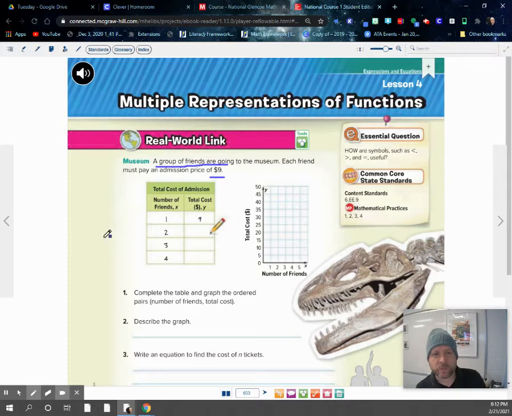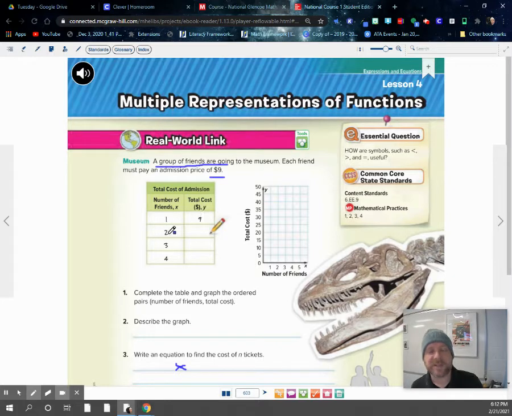So we need to know, first of all, a function. If I were to write this out, I'm actually going to work a little backwards here. I'm going to find the equation that shows the cost of N tickets, because that's going to be my function rule that I need to work through this graph. For every X, I know it's going to be $9, right?